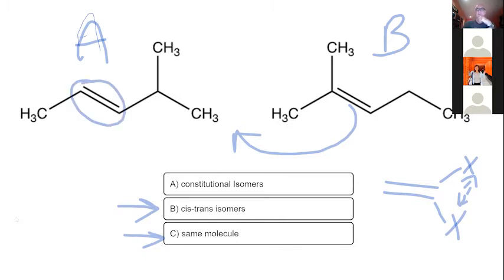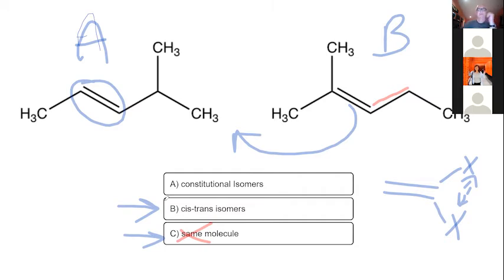That double bond would have to be there for it to be the same molecule. So it's not the same molecule, and we can get rid of that one.